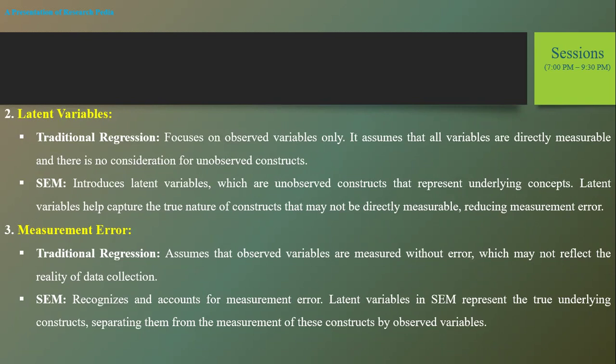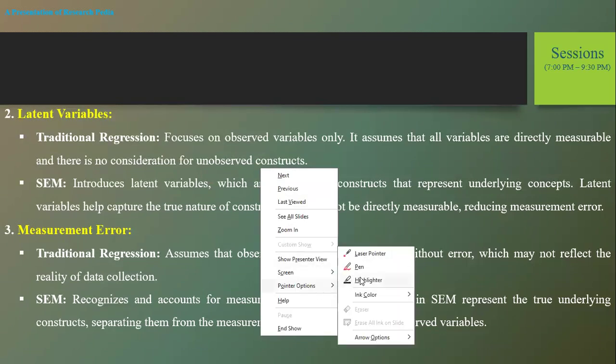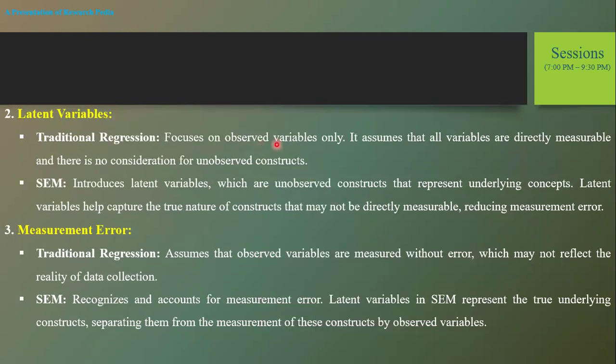In case of regression analysis, you must have the observed variable. You cannot use latent variables in case of traditional regression. Focus on observed variables only. It assumes that all variables are directly measurable and there is no consideration for unobserved constructs. This is the basic consideration, the point you were asking in your question.